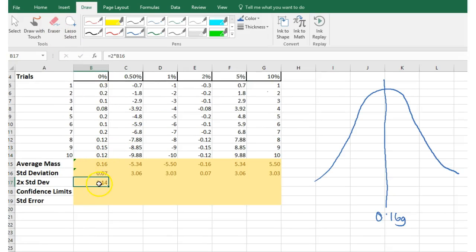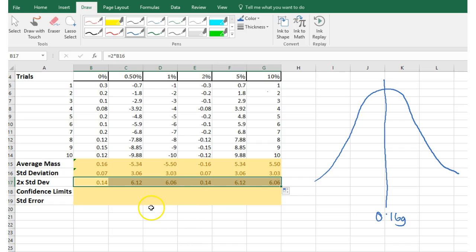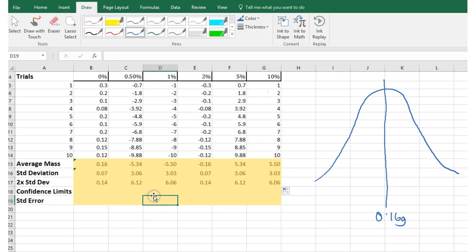So now we're going to copy that across here. So you've got all of your standard deviations across. And you'll notice they do tend to change a little bit as we go. So we've got here standard deviation of 0.14, and so on, 0.1466.